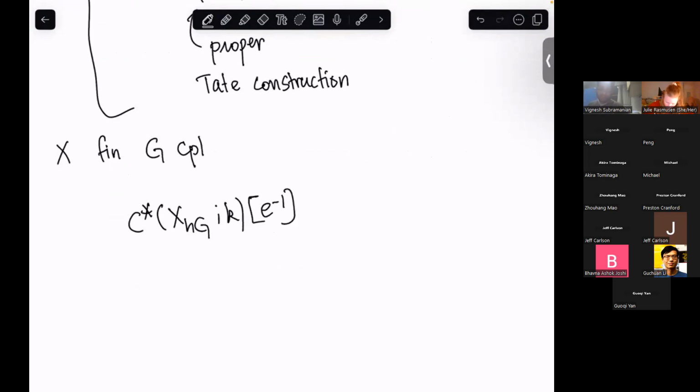This is going to be an infinity algebra again, because the Tate construction is lax monoidal, and also you're localizing with respect to an element. So it's going to be an infinity ring. But it's not going to be a perfect infinity ring in the sense that we defined. You can apply this tilting functor. This is equivalent to the cohomology of the fixed points times BG with respect to K.